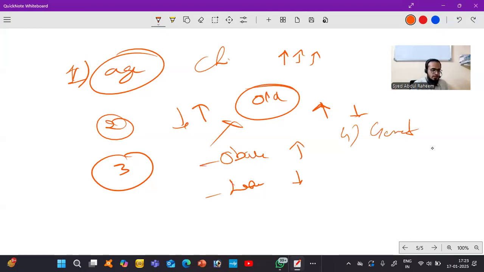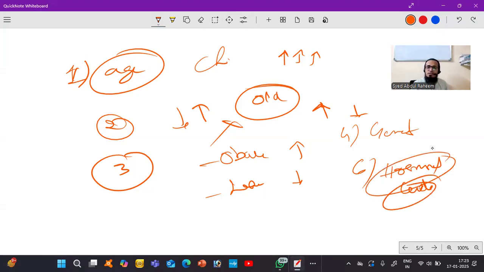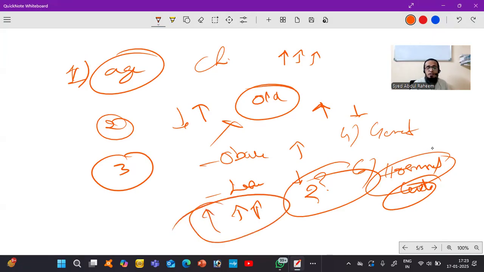And hormonal levels. If a person has diabetes or hypothyroidism, more carbohydrates or energy are required to do normal functioning. If the patient doesn't have diabetes or hypothyroidism, he requires a normal amount of energy.